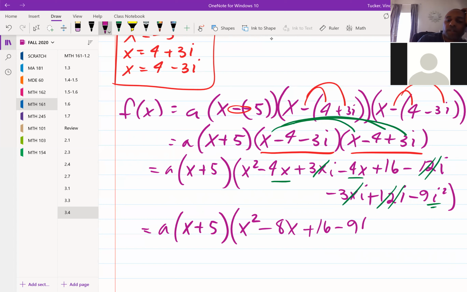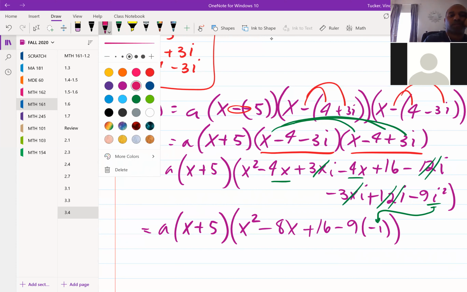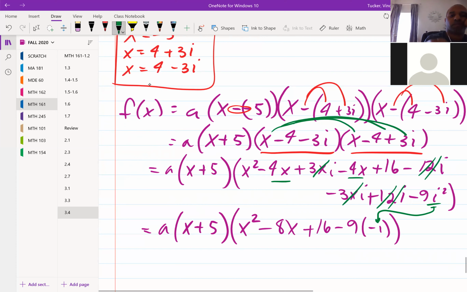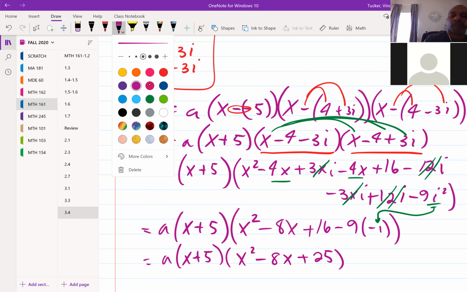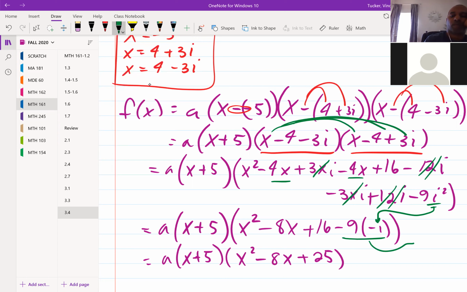That'll be a -9 times -1. So that i squared is equal to -1. All right, -9 and -1 is a positive 9. So 16 plus 9 is 25.